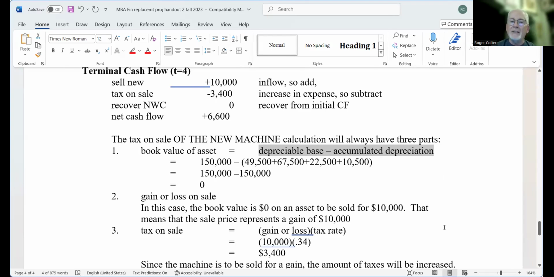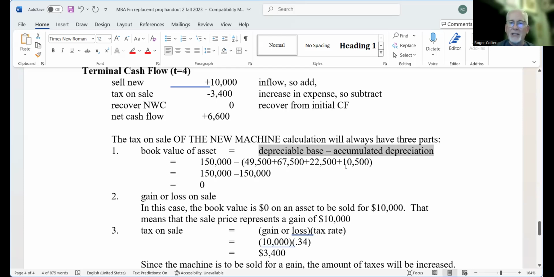Right? This case, you go back to the initial cash flow, you look at those first 4 items. For the new machine, you find it's 150,000. It was 150,000 plus 0 plus 0 plus 0, 150,000. Then you look in the operating cash flows in that row that says new depreciation. And here they are, 49.5, 67.5, 22.5, 10.5.